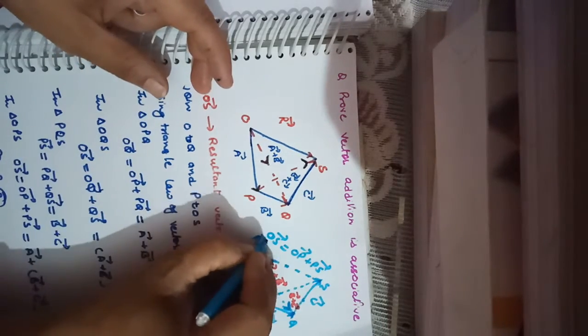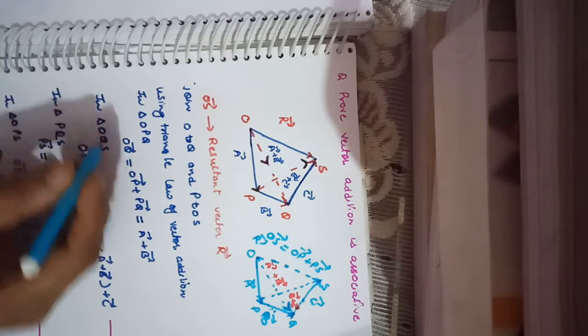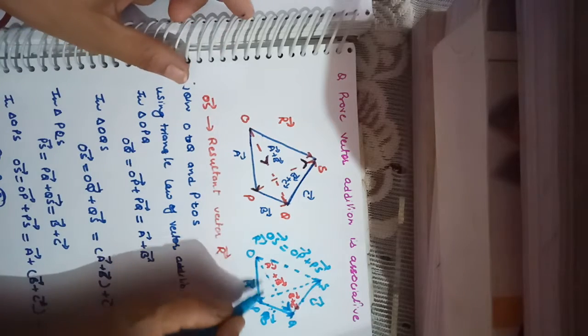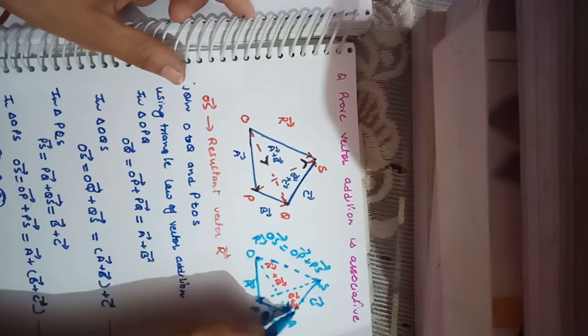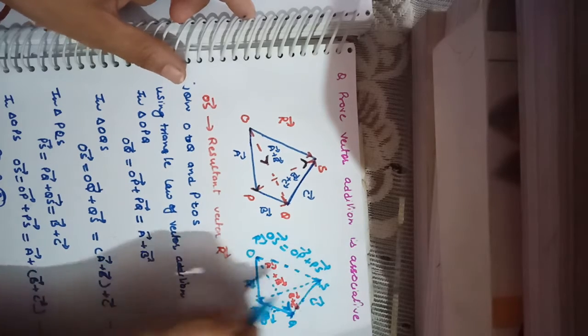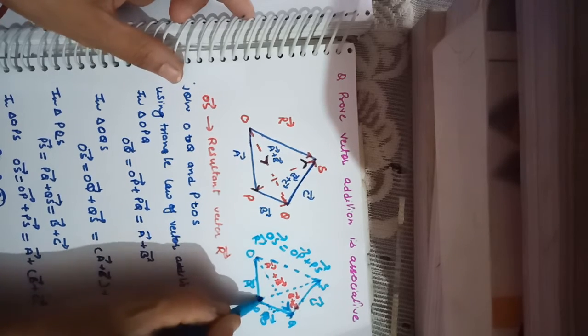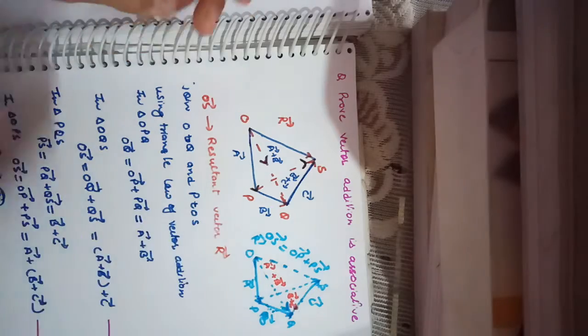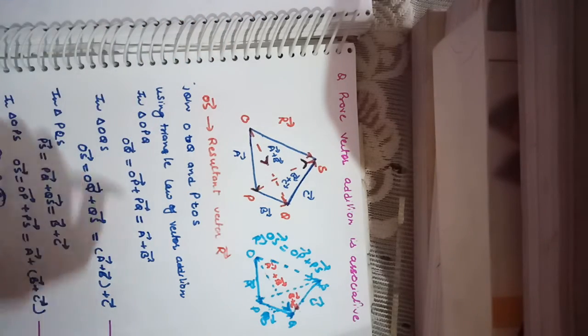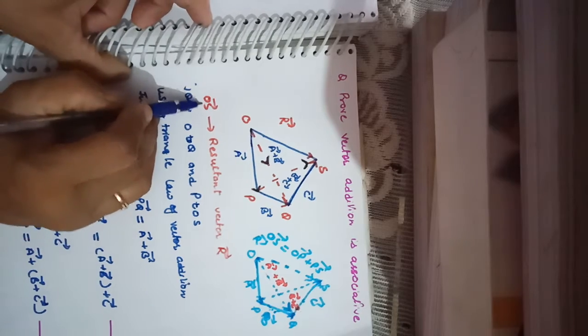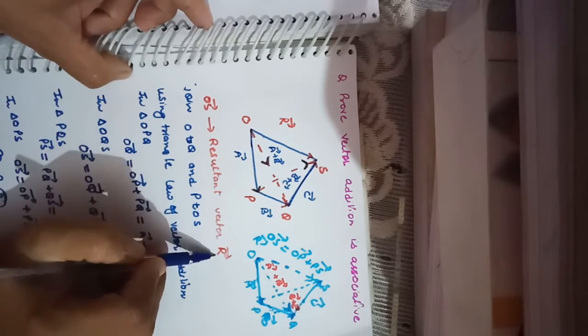This is our vector. Understood? So you have got the resultant of addition of these two vectors is this, resultant of addition of these two vectors is this, and resultant of addition of this vector and this vector is equal to this vector. Okay, so see what we have done. OS vector is the resultant vector, that is our vector.